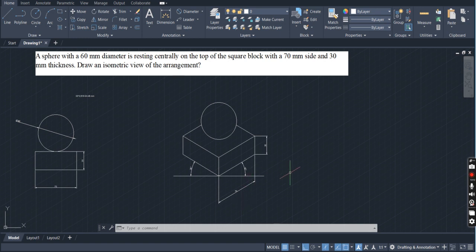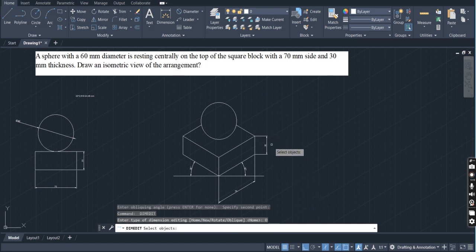Now I'm repeating the same oblique command on this dimension, enter, select this as the oblique angle, enter.